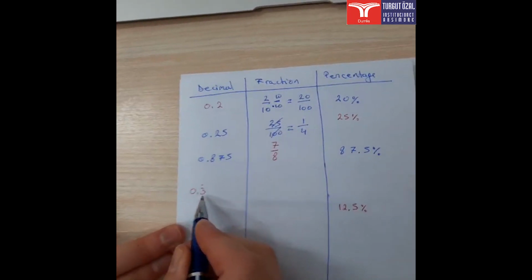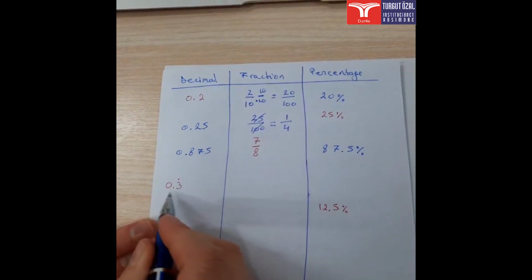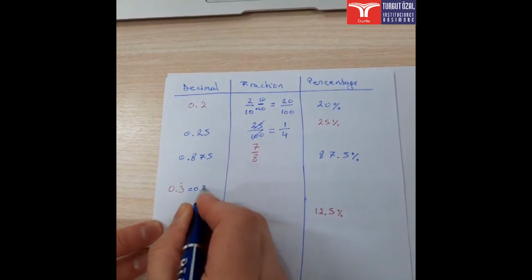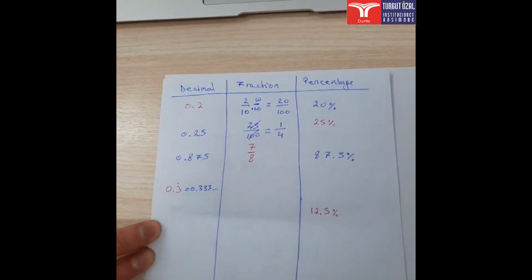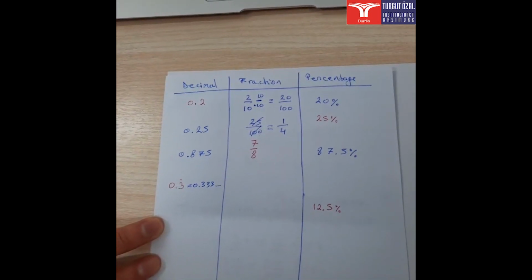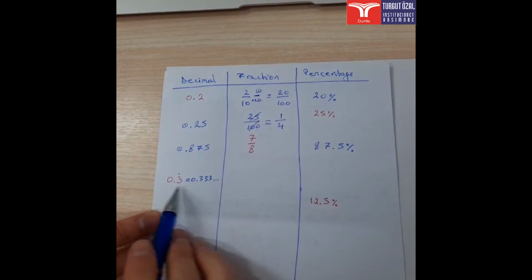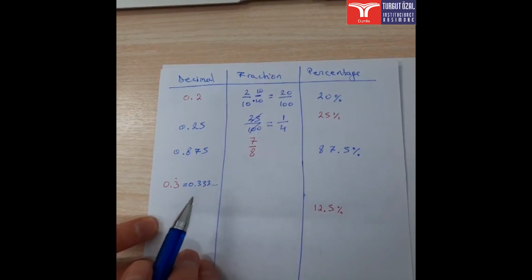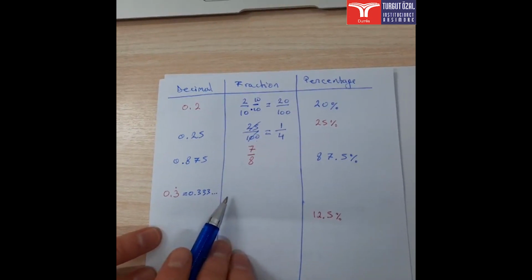Okay, let's pass to the other example. I have the number 0.3 recurring, and this one is a recurring decimal. As you know, it is the same as 0.333, which means 3 is continuing until infinity. This kind of decimal number can be converted into a fraction, and we have a rule about this one. So let's remember the rule.